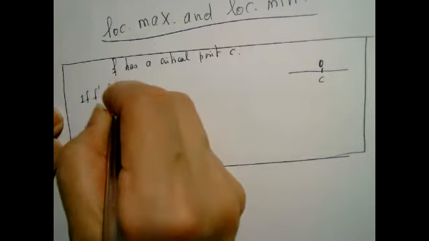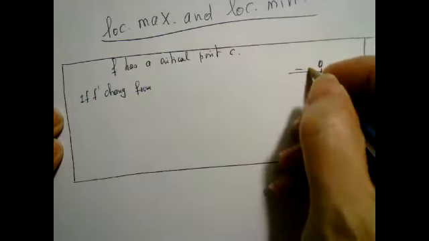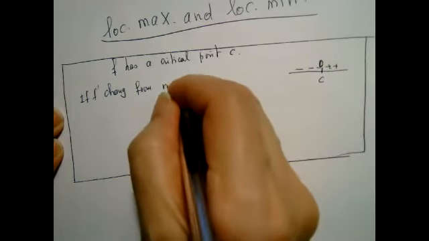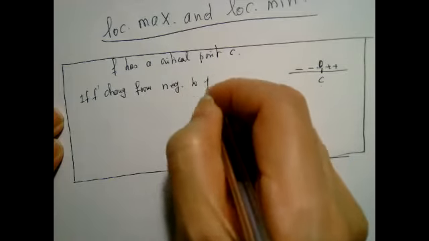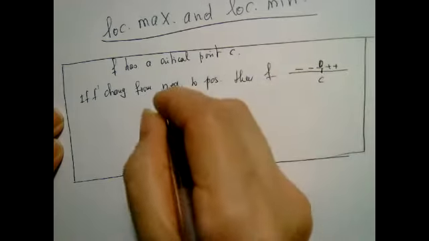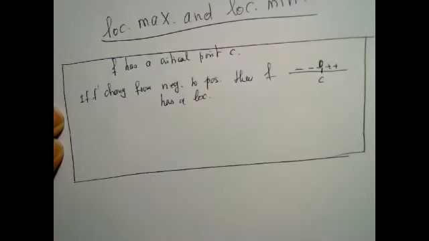So if the derivative changes from negative, for example, to positive at C, then immediately we say F has a local what?